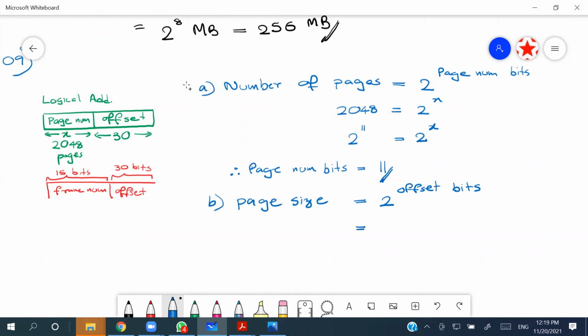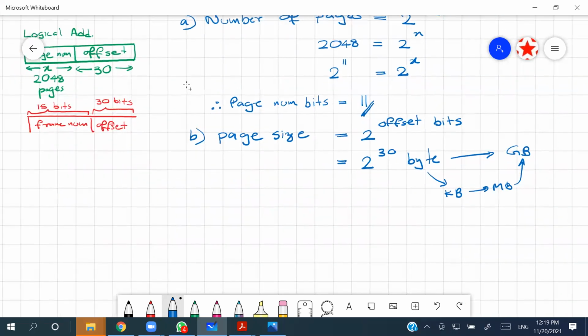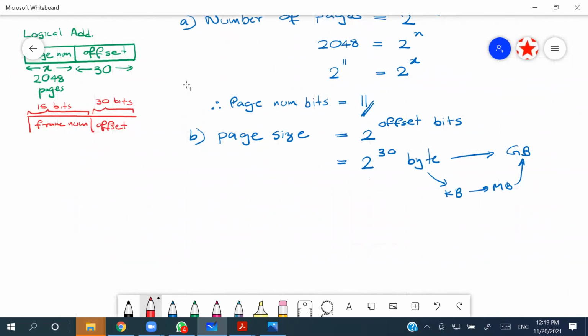Offset bits are 30. So this is in bytes, and we are going to convert this into gigabytes: from bytes to kilobytes, from kilobytes to megabytes, and from megabytes to gigabytes. So it's 2 to the power 30, byte to kilobyte 2 to the power minus 10, kilobyte to megabyte 2 to the power minus 10, megabyte to gigabyte 2 to the power minus 10.